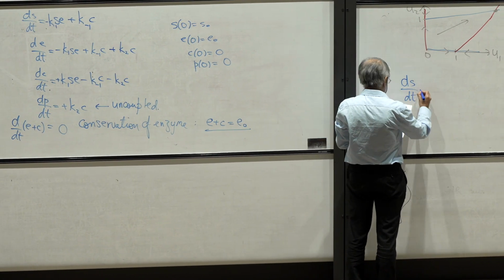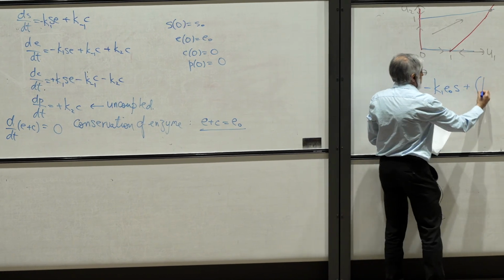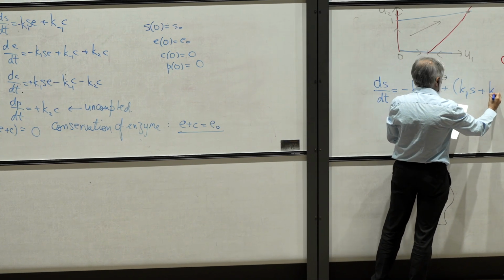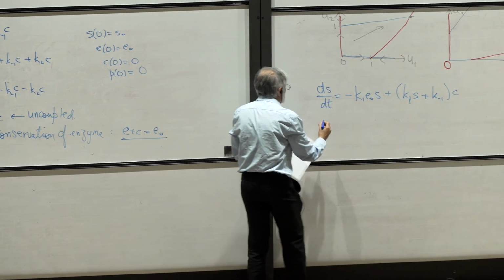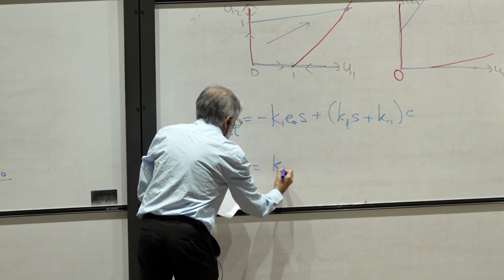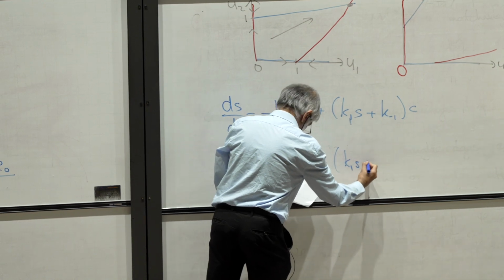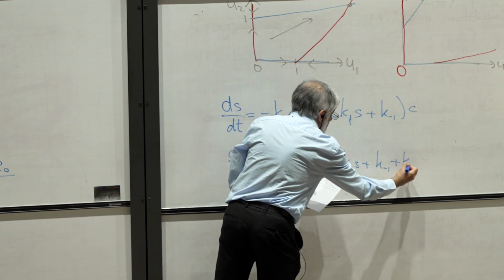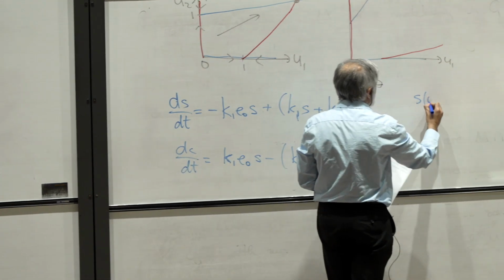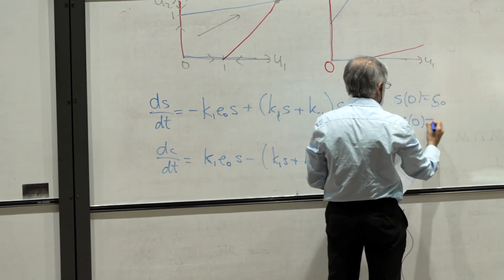dS by dt equals minus k1 E naught S plus k1 S plus k minus 1 C. And I'll leave you to do the algebra. dC by dt equals k1 E naught S minus k1 S plus k minus 1 plus k2 C, with S of naught equal S naught and C of naught equal naught.